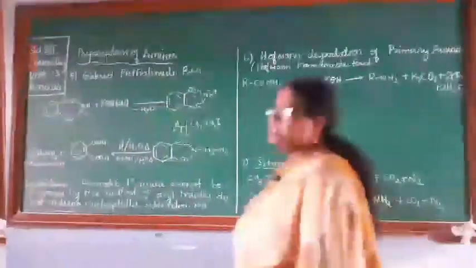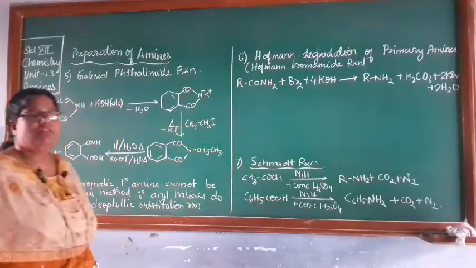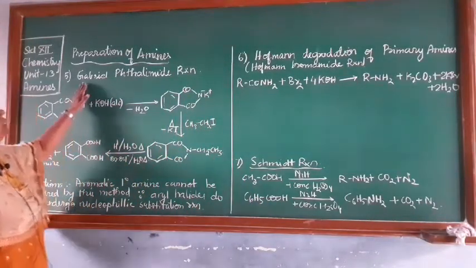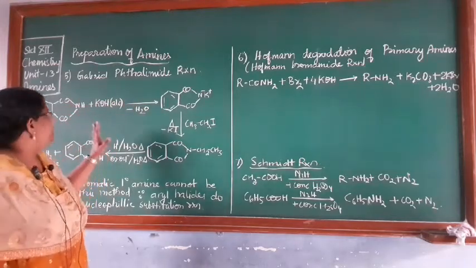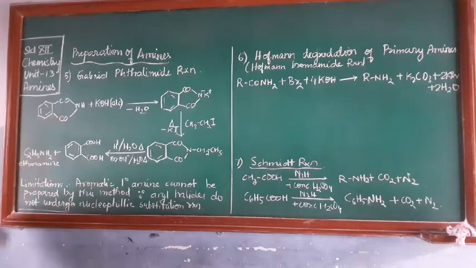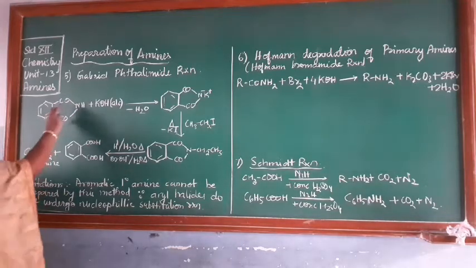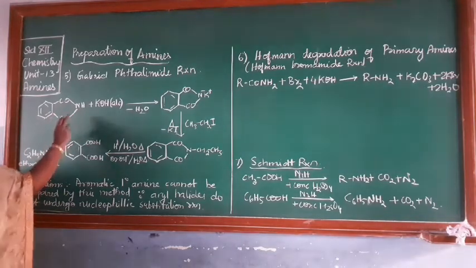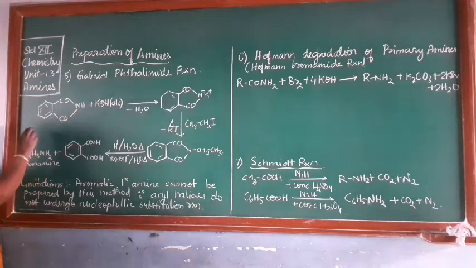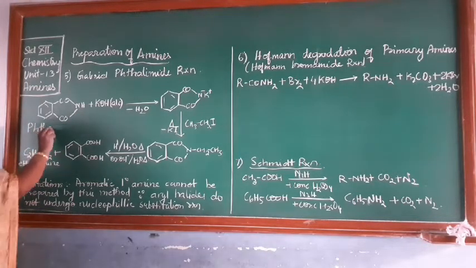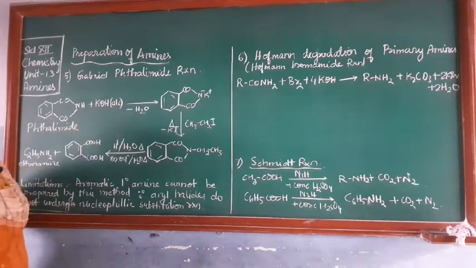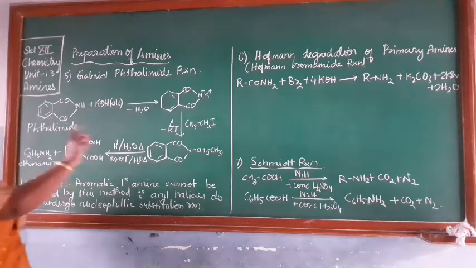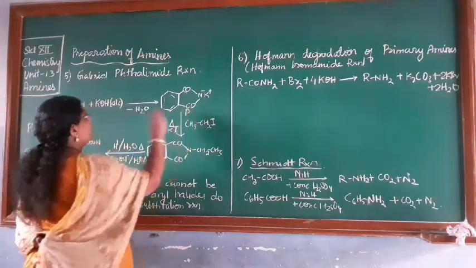The next set of reaction for the preparation of amines is Gabriel phthalimide reaction. अब ये reaction में you are taking phthalimide, okay? This compound, benzene with CO NH and another CO group attached, is called as phthalimide, okay? Taking alcoholic KOH, you first get potassium phthalimide, okay?